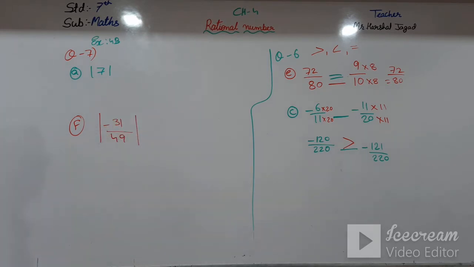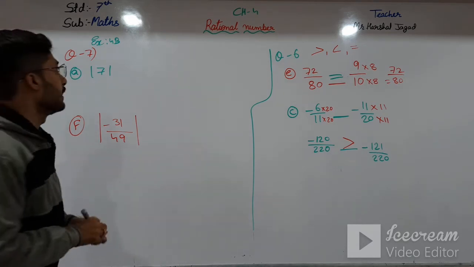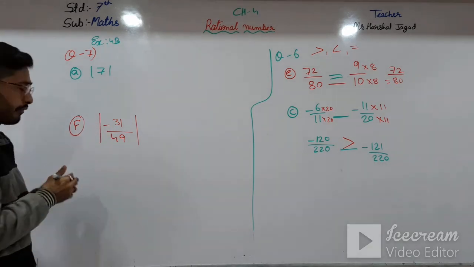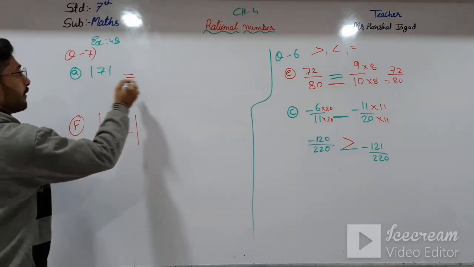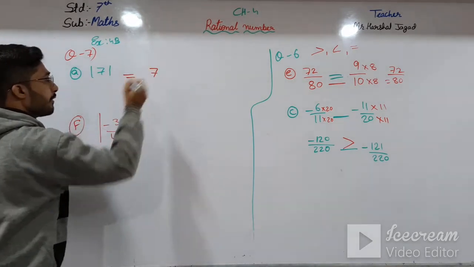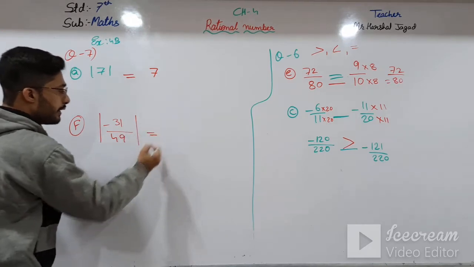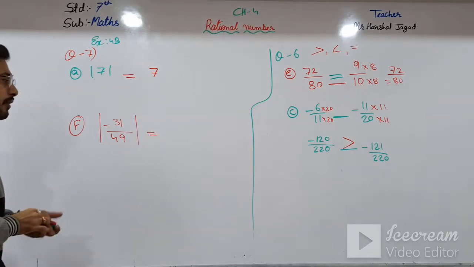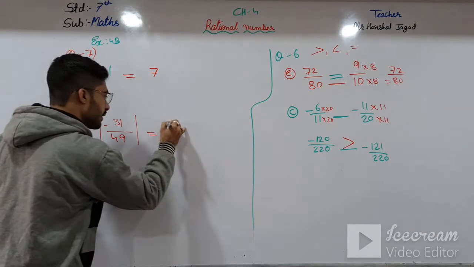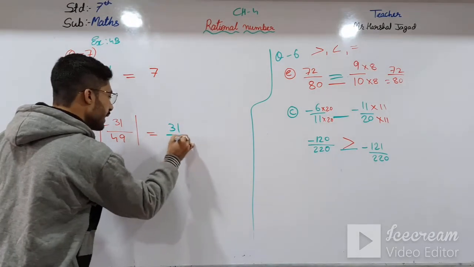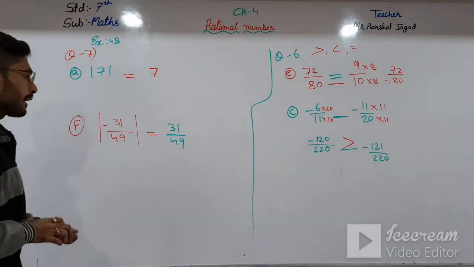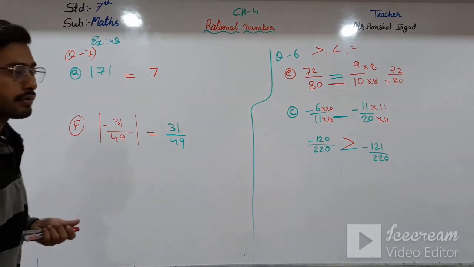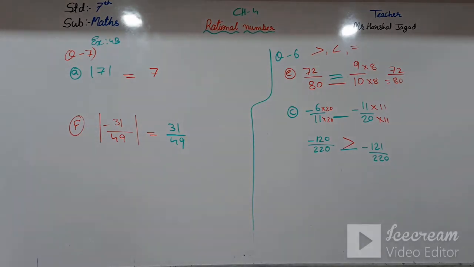If we want to find the absolute value, then the absolute value of 7 will be 7 only, and the absolute value of minus 31 upon 49 will be 31 upon 49. The minus sign will be taken out. So this is your answer to question number 7.